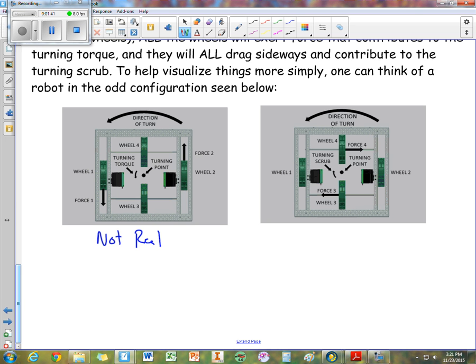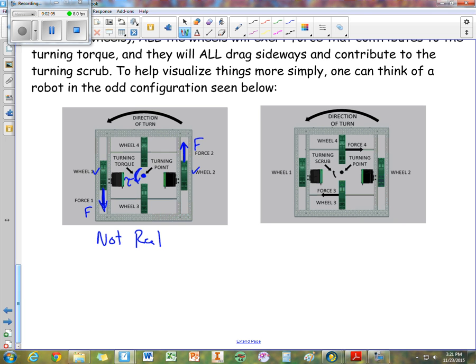In this fake drivetrain, we've got two drive wheels, right here and right here. Notice how, because of the torque, we have a force going this way, and we have a force going this way. And our turning point is right here in the center. So we've got this turning torque in the center.